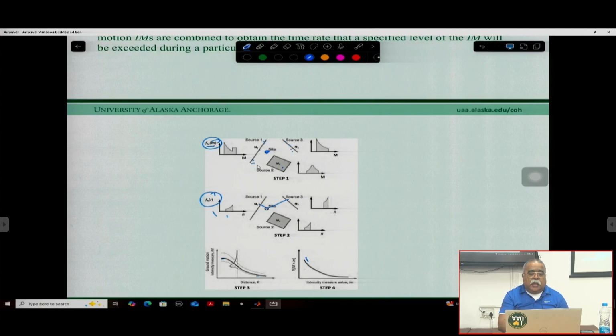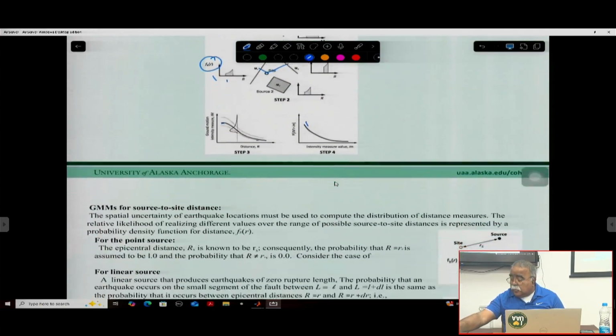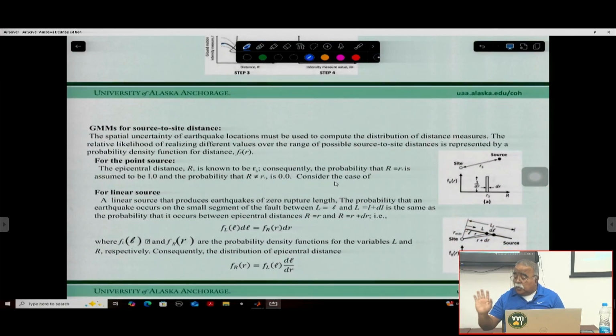Okay. Now first of all, let us try with a distance, right? So how the distance can be taken care of, right? Let's see a point source, and this is the site. So this distance is RS, right?